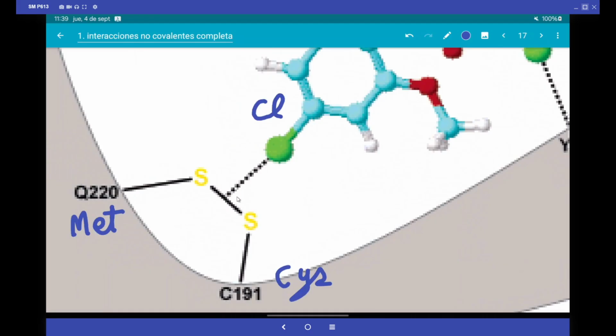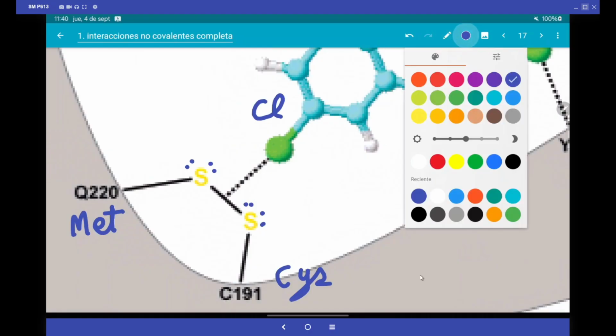Because here in the middle, this is pointing to the link. It looks like a bridge, and in reality what we are going to explain now gives the impression that it was the link. But in reality, that is a summary of saying that some electronic pair of sulfur is actually the one doing the interaction.